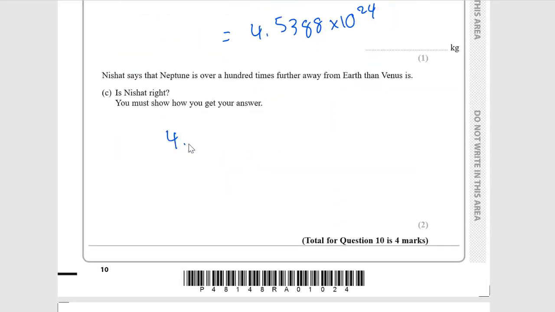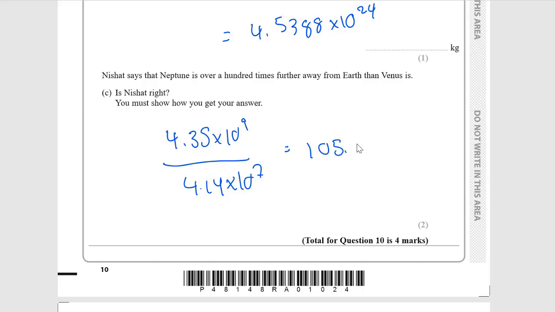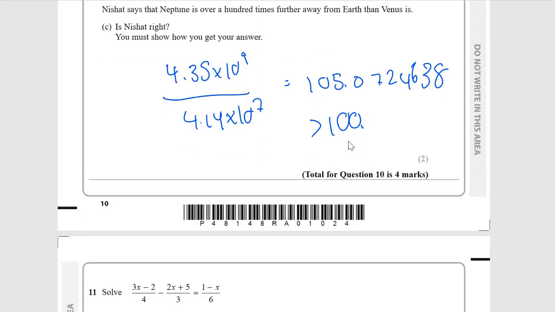So we can divide those numbers. We get, using a calculator, 105.0724638. So of course that means that this is greater than 100, so it is over 100 times further away.